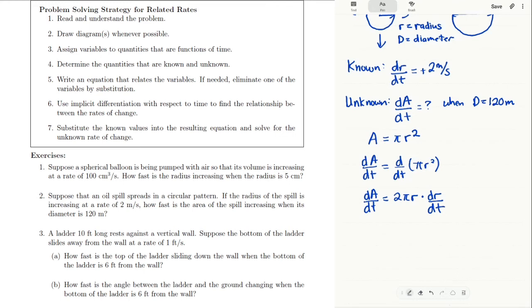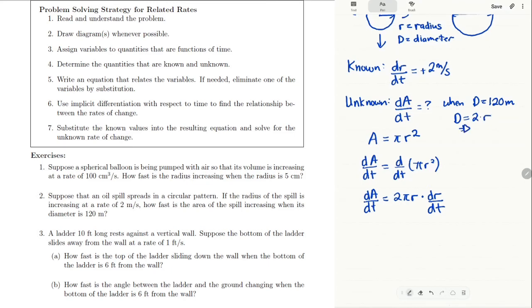So now we can use the given quantities to determine how fast the area of the spill is increasing the moment when the diameter is 120 meters. Now if we have a look at our equation, what we have is r and not the diameter, but we know that the diameter is 2 times the radius.